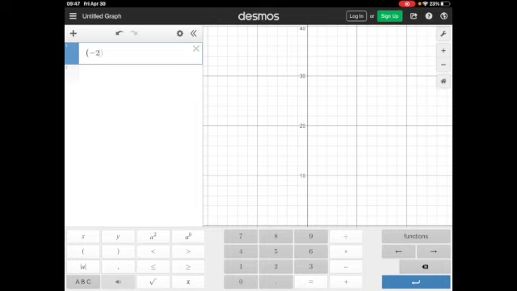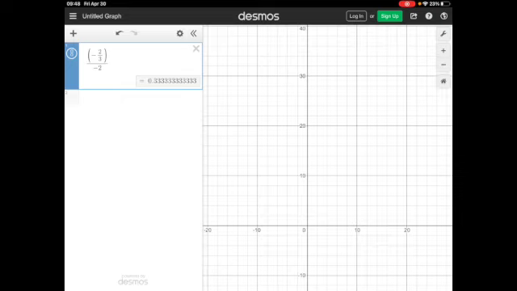So negative 2 divided by 3, all divided by negative 2. Make that a fraction because I don't want to write that repeated decimal. That is 1/3.